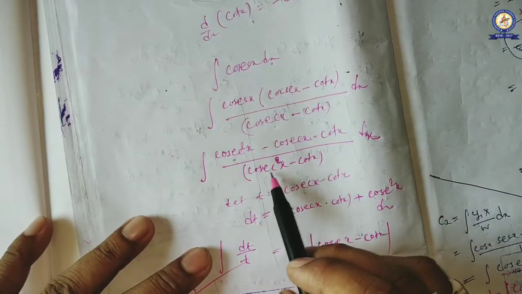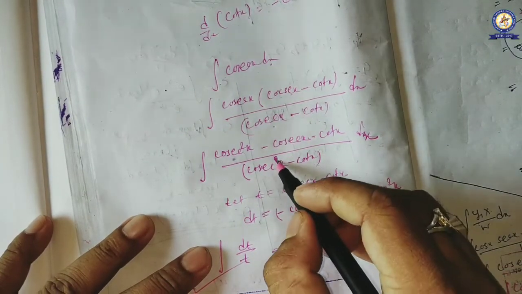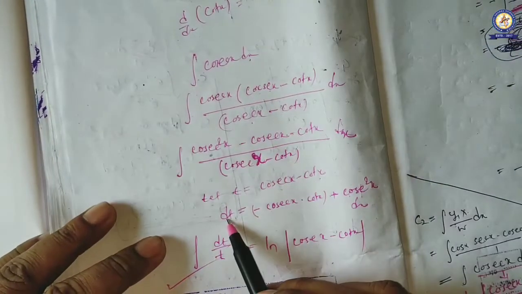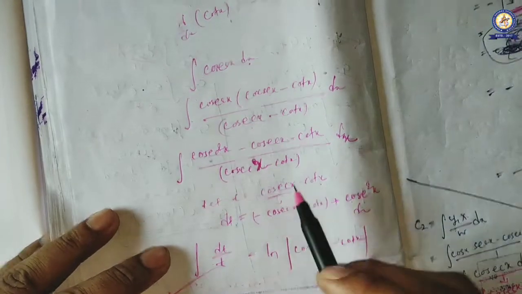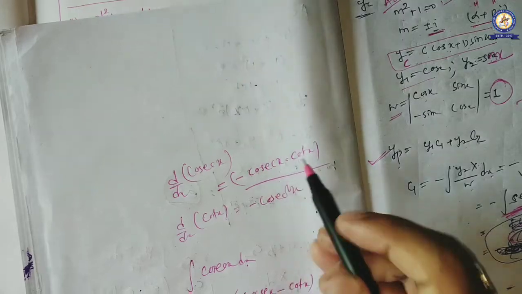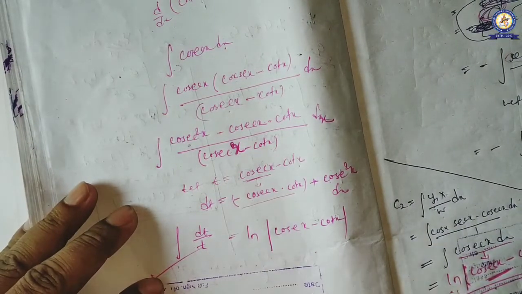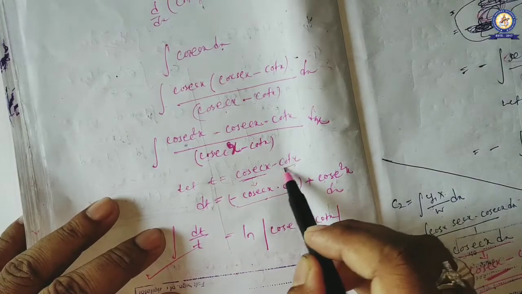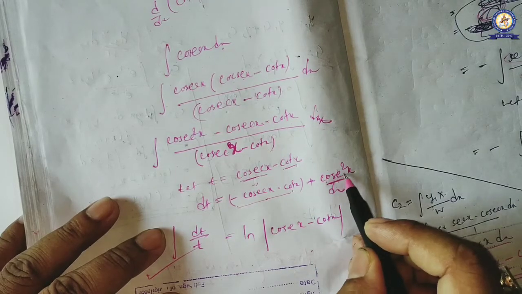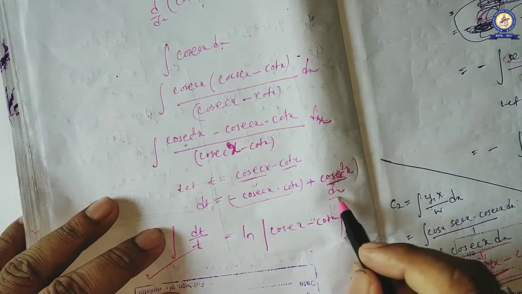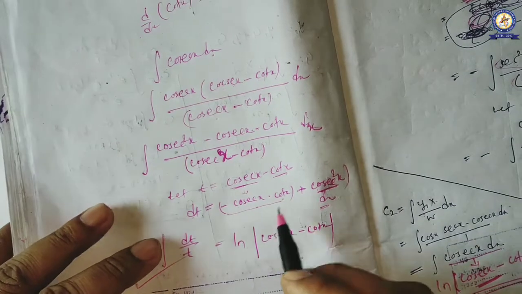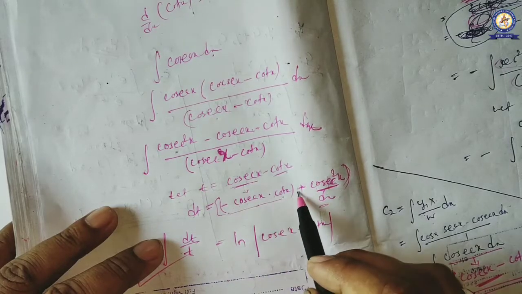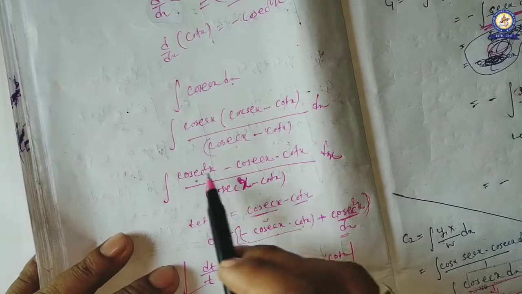Now put t equal to cosec x minus cot x. Now dt will be the derivative of cosec x, which we know is minus cosec x into cot x, and the derivative of cot x is minus cosec square x, so dt is minus cosec x cot x plus cosec square x, dx. Here you can see that this is in the numerator.